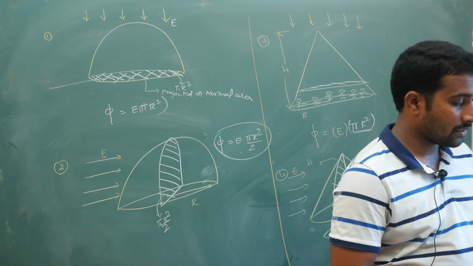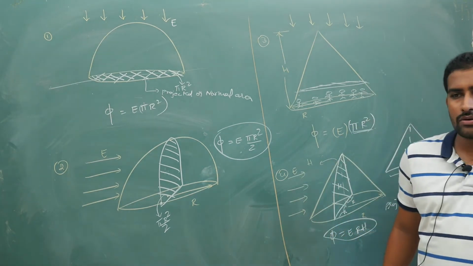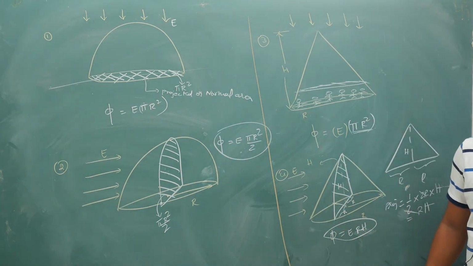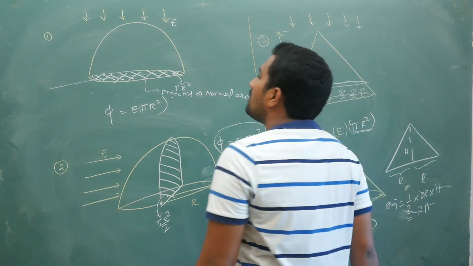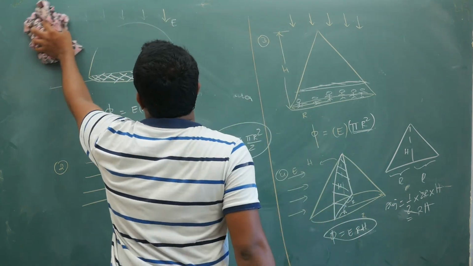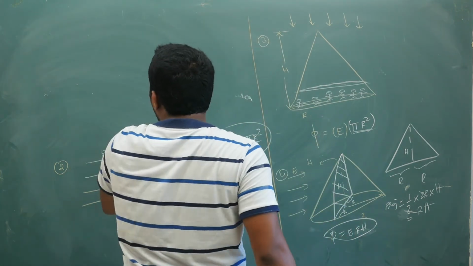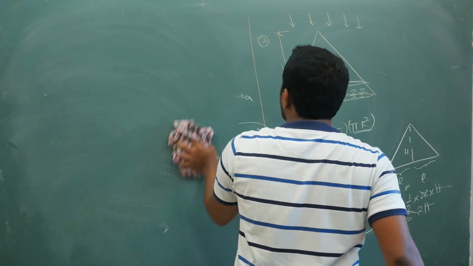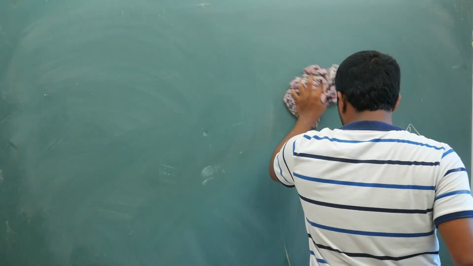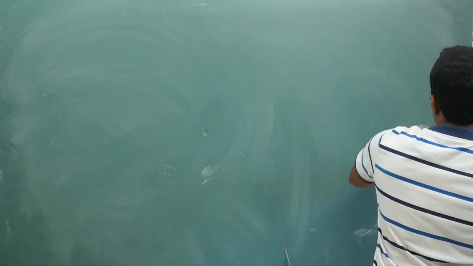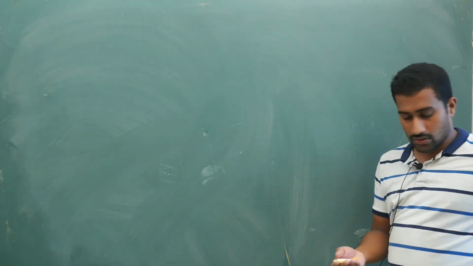Next, I am erasing this part. Hope you have understood how to calculate flux when field is given. Next, now all these surfaces are open surfaces. So for open surfaces, this is how you are going to calculate the flux. Now for closed surface, how to do it, I will tell you.